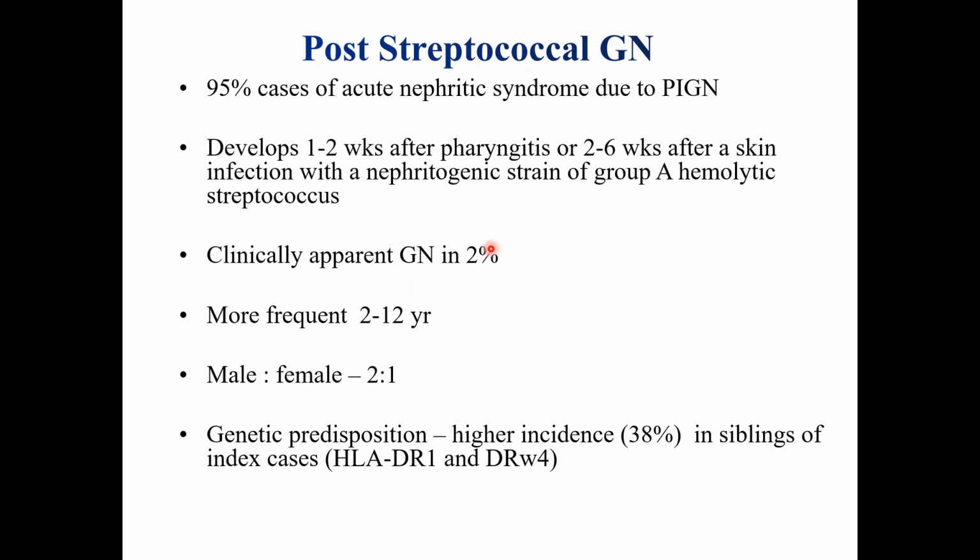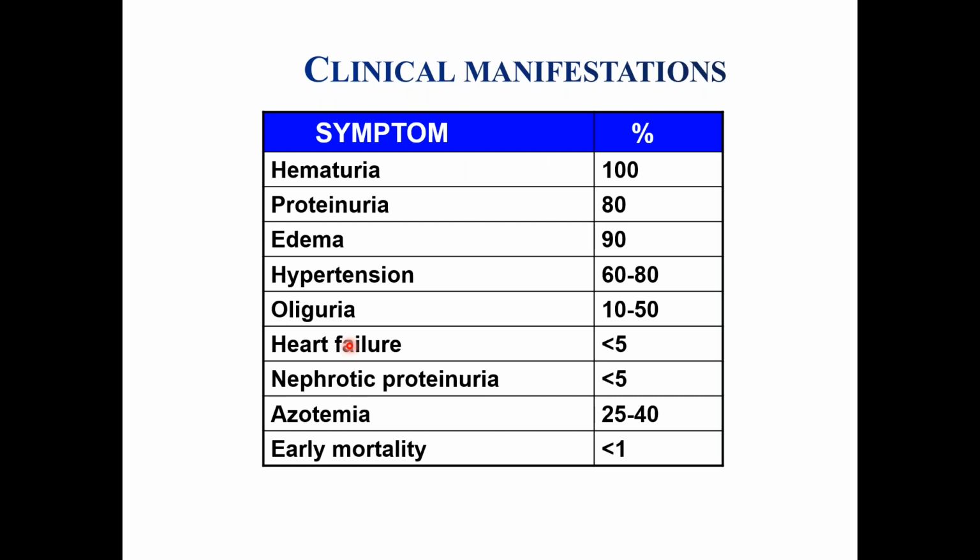Why only in these 2%? Possibly there is a genetic predisposition, and there may be a role of HLA predisposition in the occurrence of renal involvement after post-streptococcal disease in some of these patients. The most frequent age group is 2 to 12 years, and it is more common in males as compared to females.